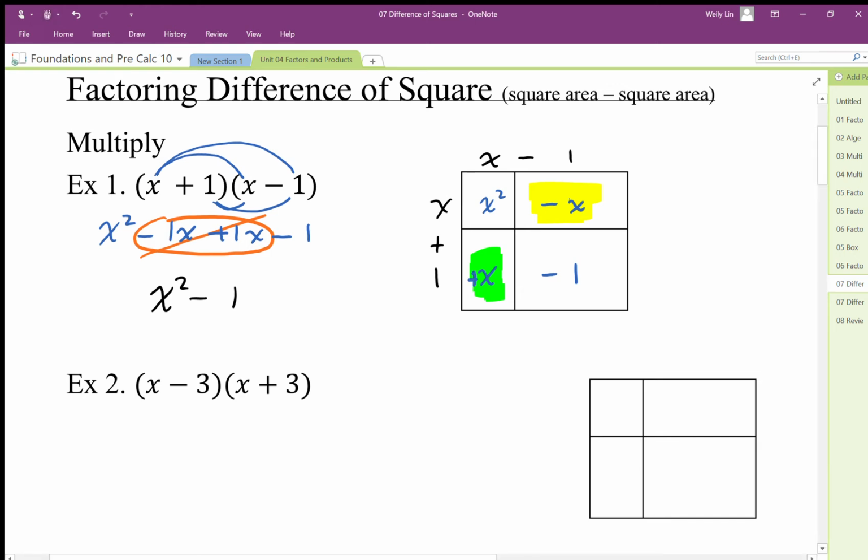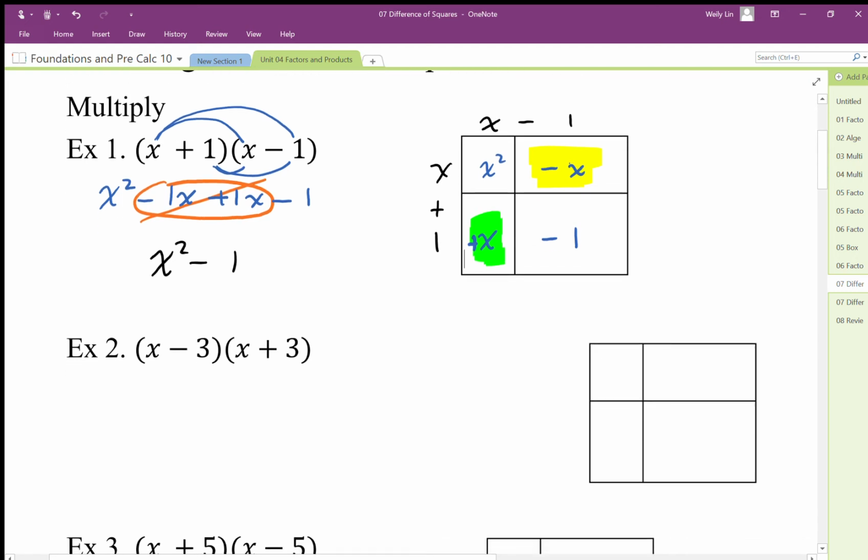We call these difference of squares because we end up with x times x, or x squared, and 1 times 1, which is 1 squared. Because of the opposite symmetry, we end up with positive and negative, which gives us the negative down here. So this is called the difference of squares.